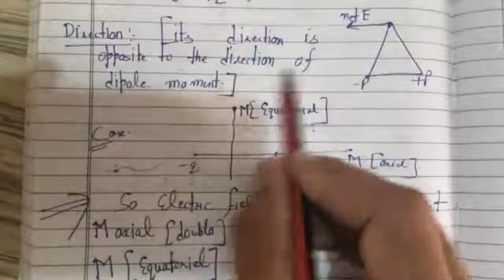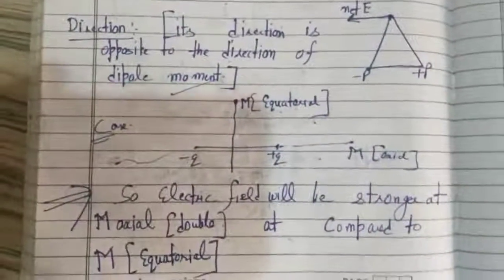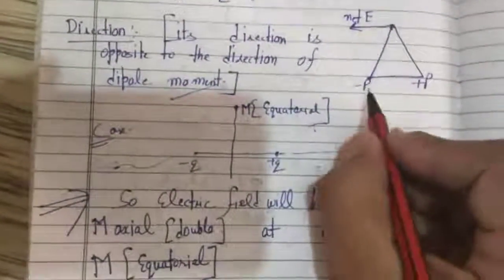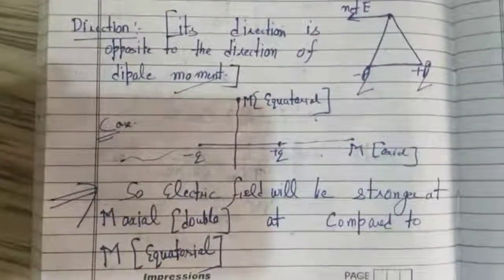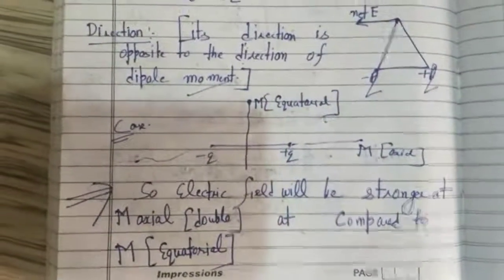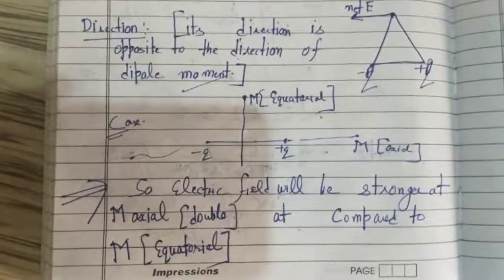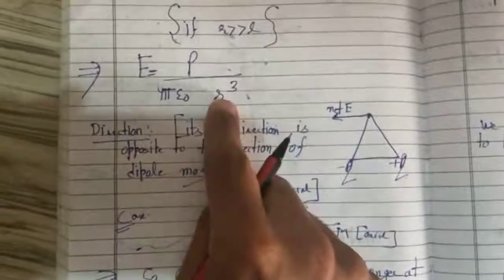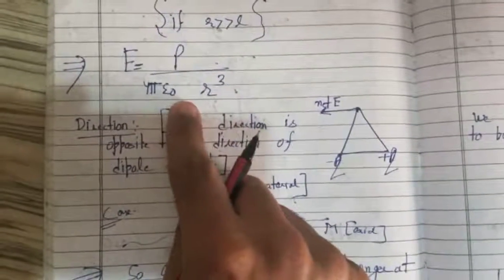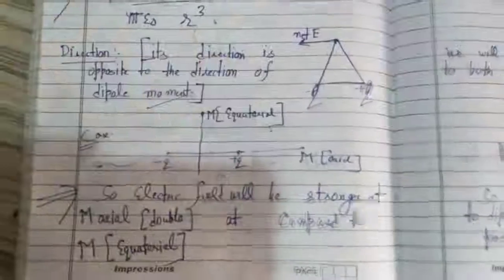So we will say that its direction is opposite to the direction of the dipole moment. Dipole moment has direction from minus Q to plus Q, like this. Okay, this is the concept. So are you getting this now? We have derived net E is equal to P upon 4 pi epsilon naught r cube.